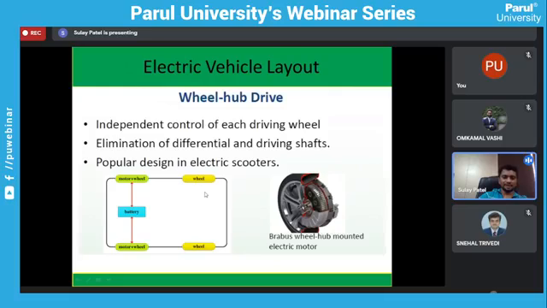And this can be incorporated in the case of four wheelers too, but complex programming and a controller are required in the case of four wheelers. So the research is going on in this case, but you can incorporate this in four-wheelers too.